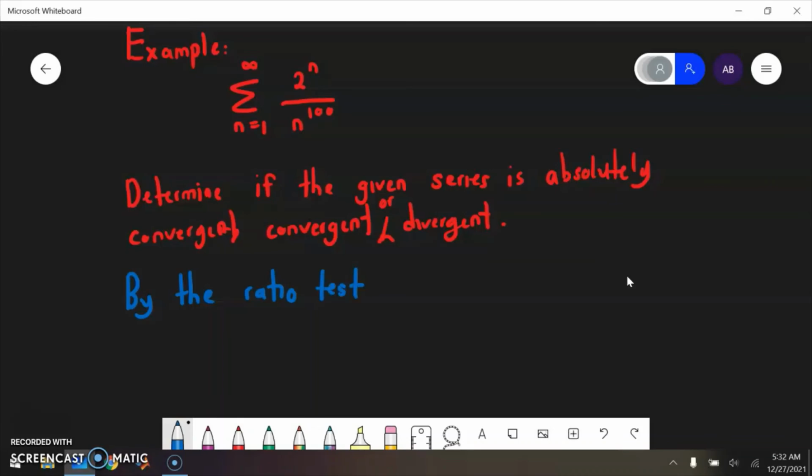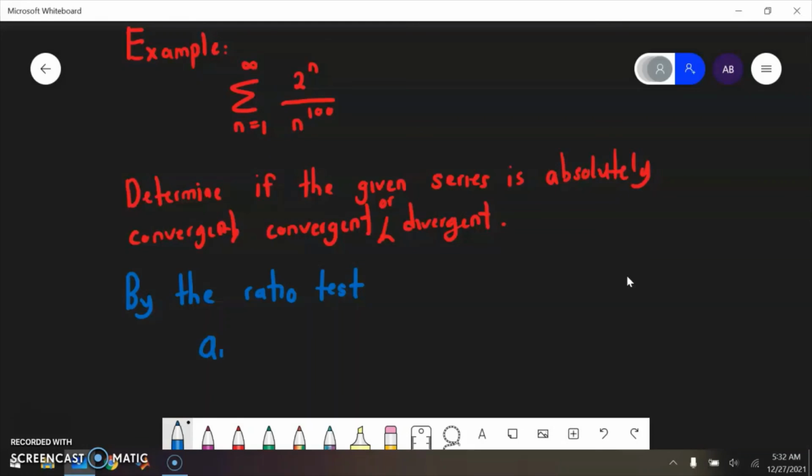Actually, if you do the absolutely convergent test, that will obviously tell whether the series converges. But I want to show you by using the ratio test, similarly to what we have done before.